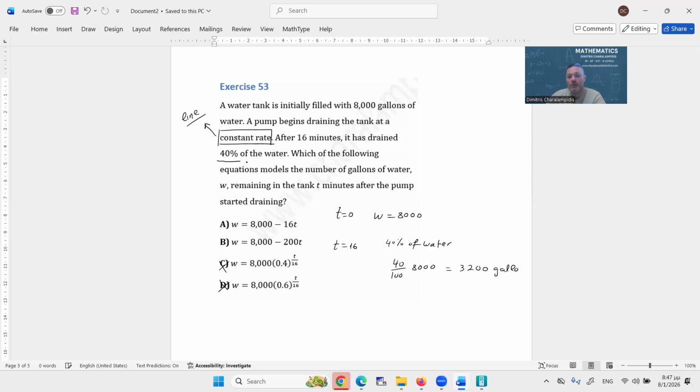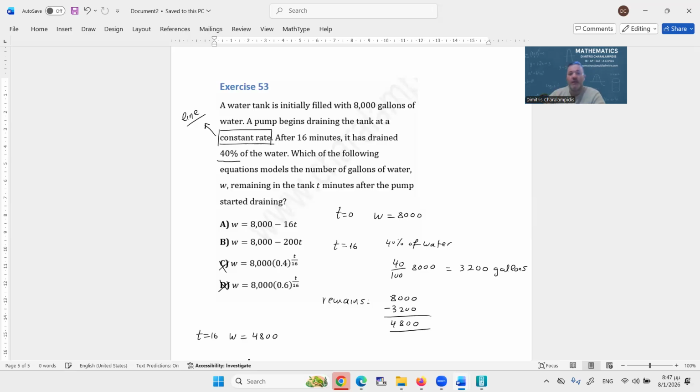This is how much it was drained. But we need to see the remaining. If it lost 3,200 gallons, then it remains 8,000 minus 3,200, which is 4,800 gallons.